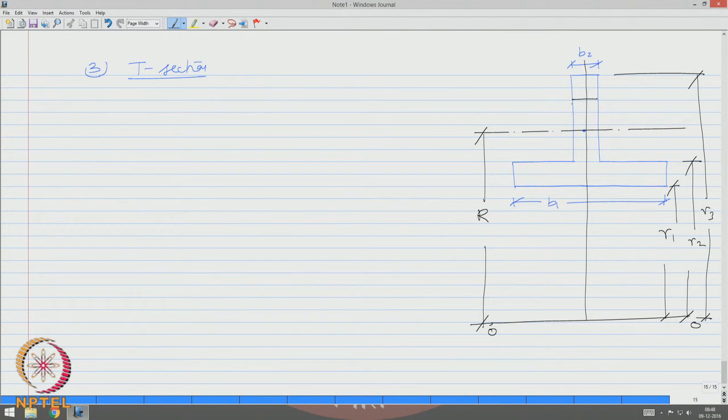Let us take a strip at a distance y from the centroidal axis. Let us take that value of the strip to be located at V from the plane of center of curvature.